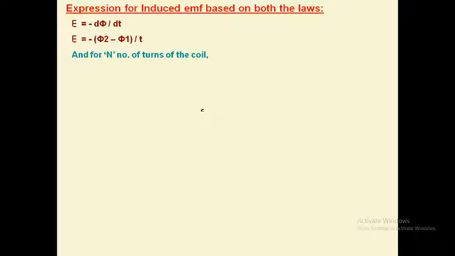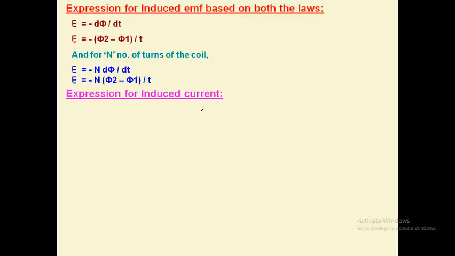If you have some turns in the coil, then N will appear in the formula. Expression for induced current: as we know, current is EMF upon resistance, so in the denominator R will also appear.